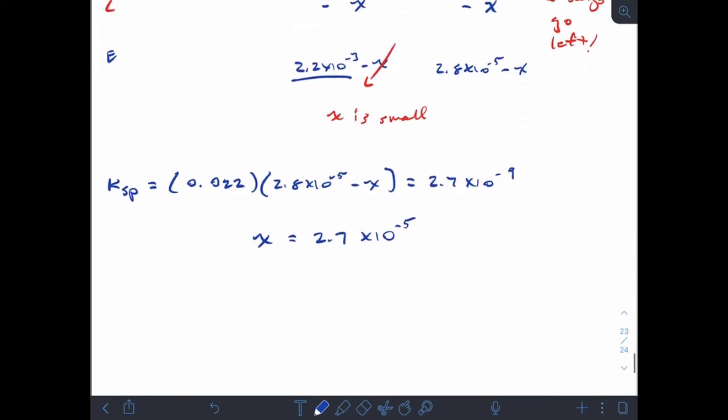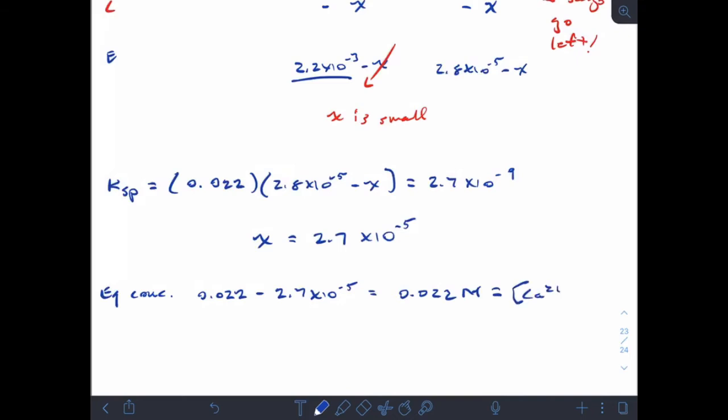Right, so our equilibrium concentrations: 0.022 minus 2.7 times 10 to the minus 5 is still 0.022 molar. And that is our equilibrium concentration of calcium.